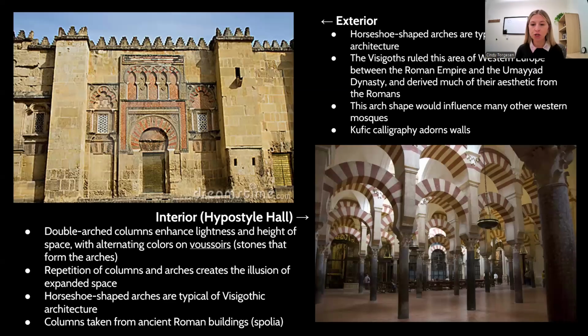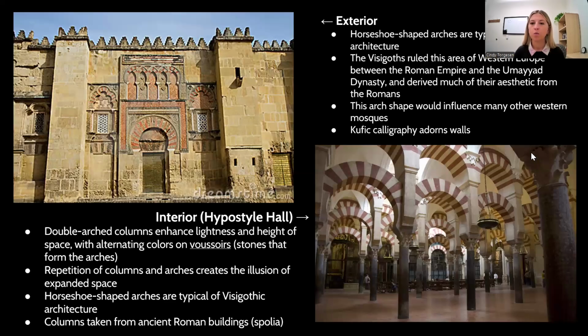This is the horseshoe shaped arch. We've talked about Roman arches, which have a simple round shape, but a horseshoe arch tapers in and then goes out again. That is inspired by Visigothic architecture. The Visigoths are the people that were occupying this area before the Moors came in, so we're seeing an inclusion of this as well.